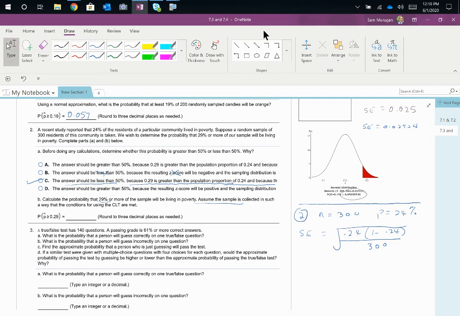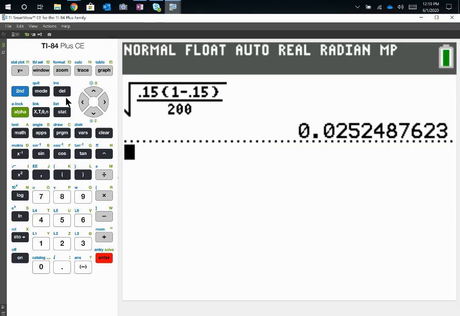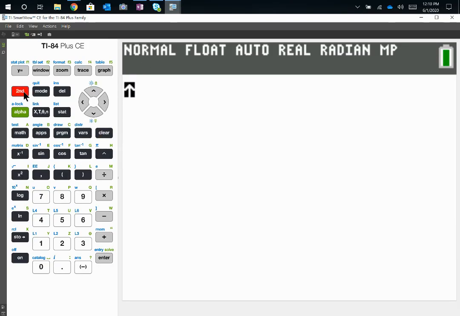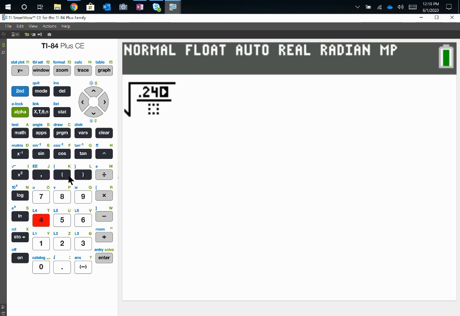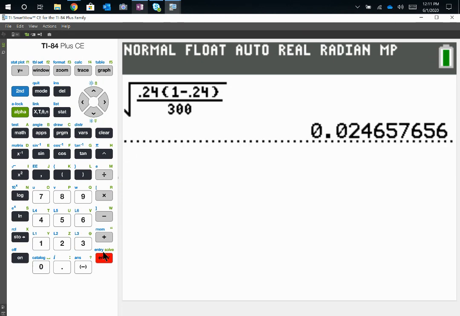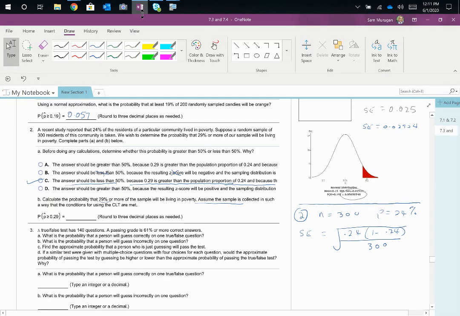Okay, calculator. And that gives me 0.025. I'm going to use 3 decimal places. So this is 0.025.